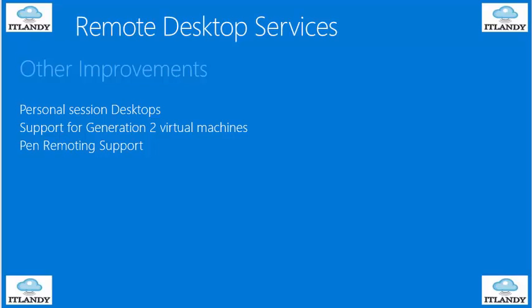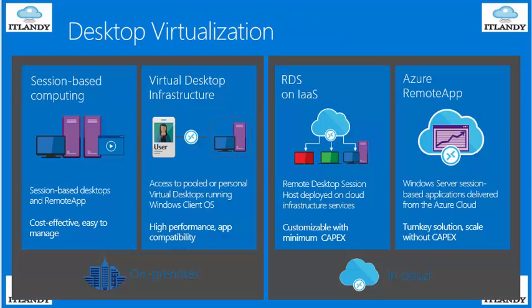We mentioned earlier being able to use Azure. So this is a comparison between on-premises and the cloud. On-premises, we can use session-based compute, virtualized or virtual desktop infrastructure. Session-based desktop and RemoteApp: cost-effective, easy to manage. Access to pooled and personal virtual desktops running Windows OS, with high-performance app capability.